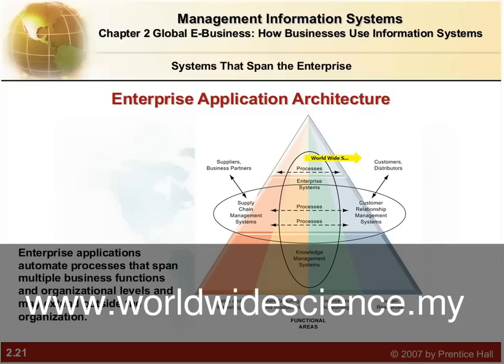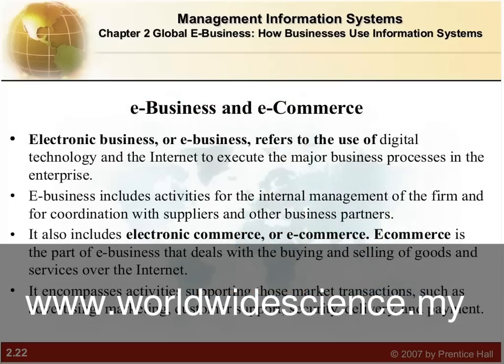It also includes electronic commerce, or e-commerce. E-commerce is the part of e-business that deals with the buying and selling of goods and services over the internet. It encompasses activities supporting those market transactions such as advertising, marketing, customer support, security, delivery, and payment.